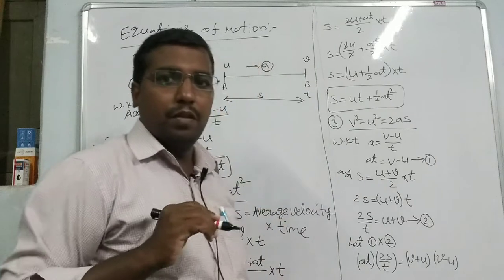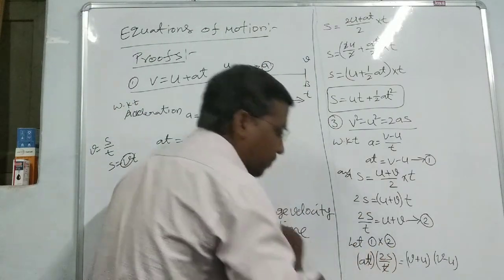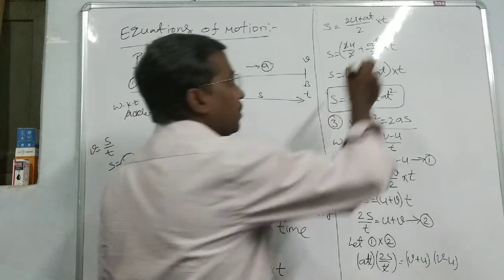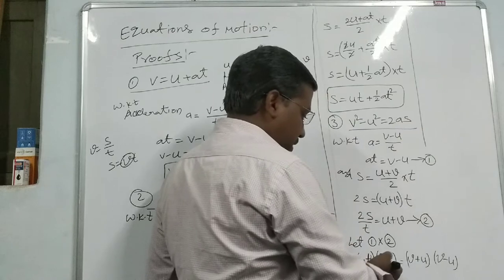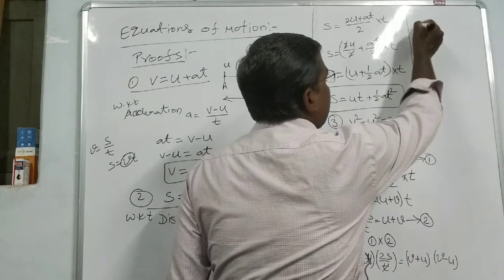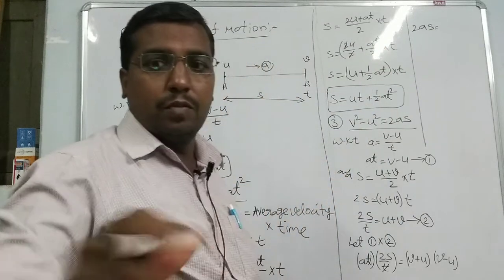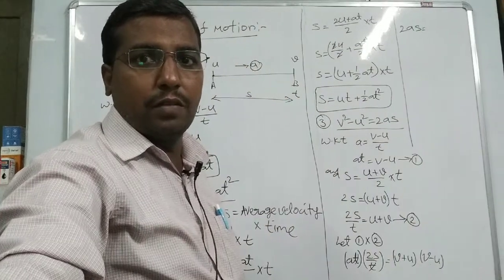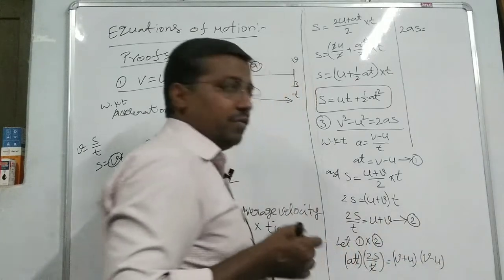Here we cancel t. We get a into 2s, that is 2as, equal to v plus u into v minus u.